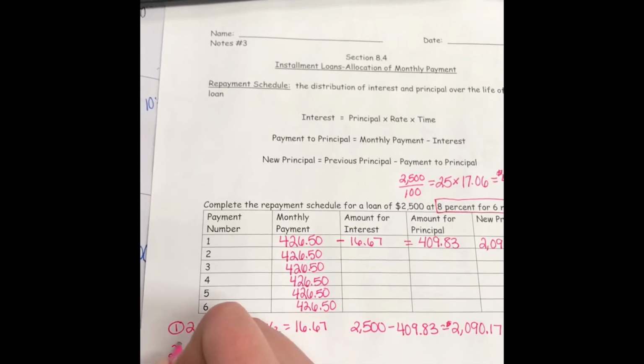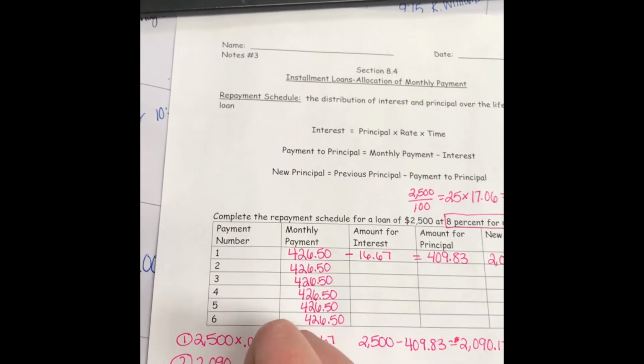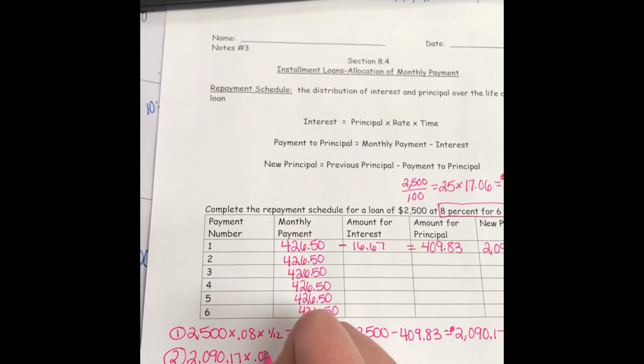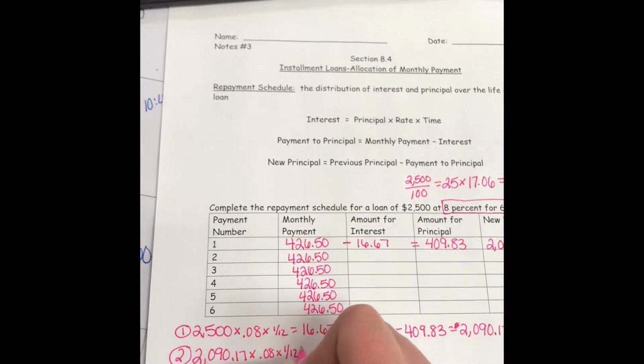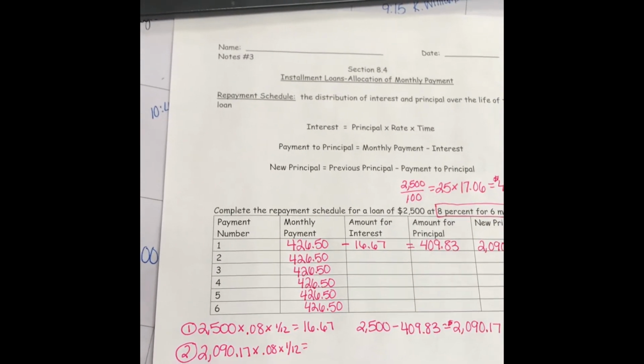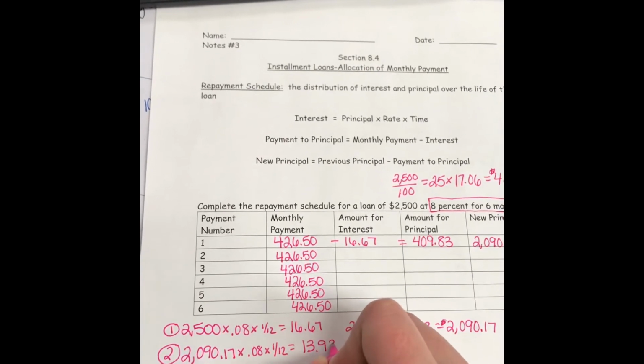So we're going to do it again for the next month. Our previous principal times 0.08 times 1/12. $13.93.